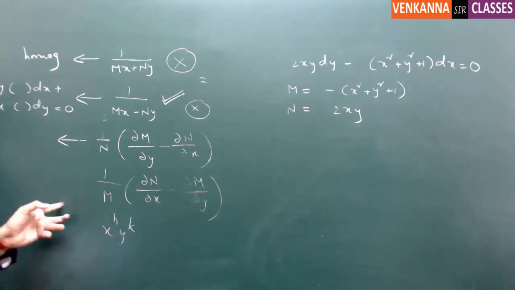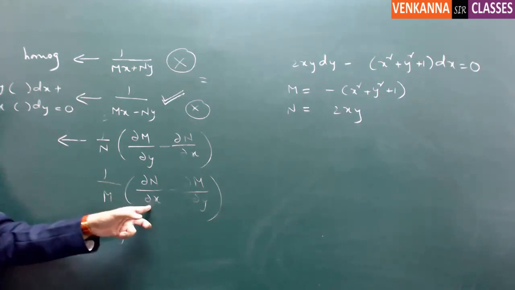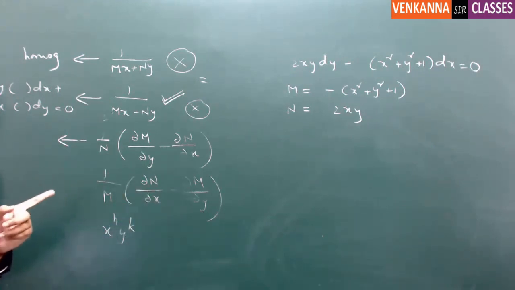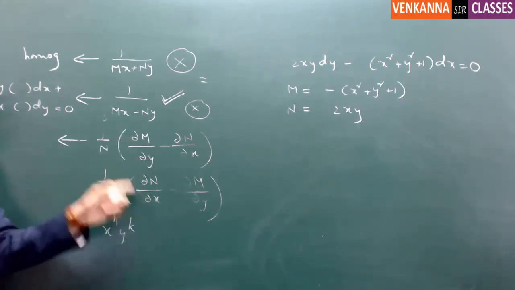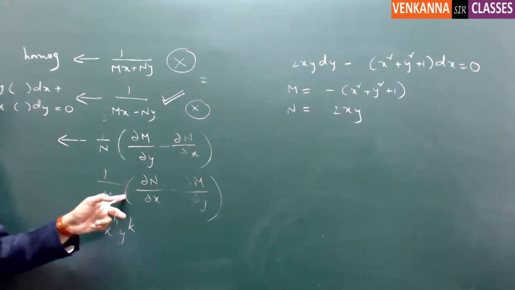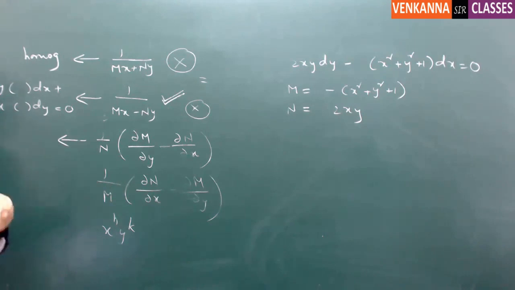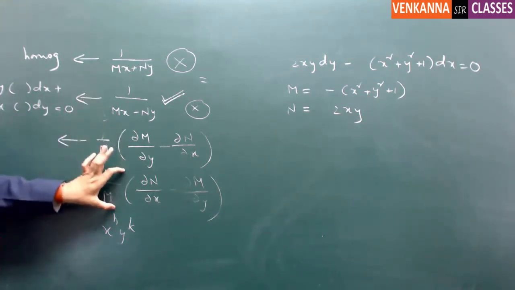You can start with 1 by N into this one or 1 by M into this one. You can start with any one formula. This is the typical problem from the exam point of view, because you don't know among these two which one will become the integrating factor. So you can start with either of the two.